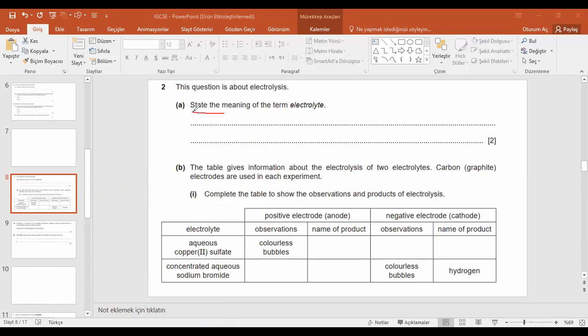It states the meaning of electrolyte. So what do you mean by electrolyte?